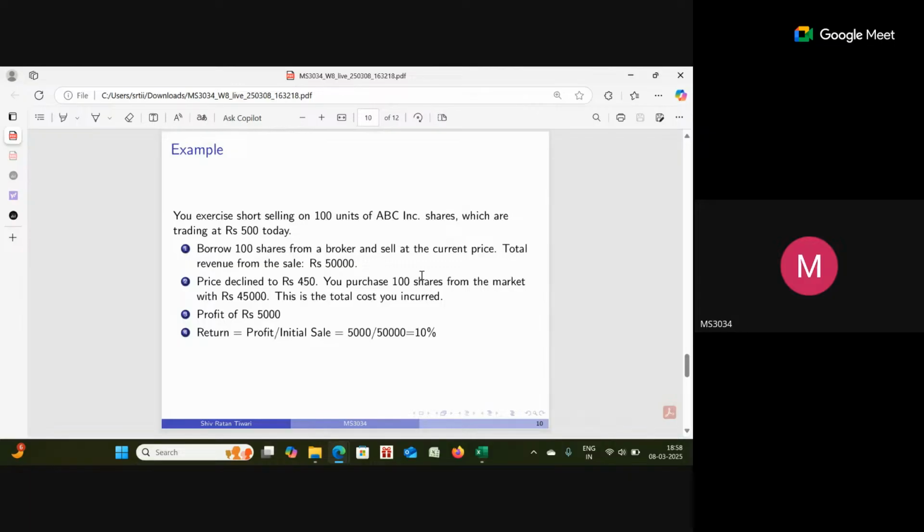This is the total cost incurred. The profit is the difference: you received 50,000, the cost to you is 45,000, so the difference is 5,000, and that is your profit. In this way, we calculate the returns or profit in the case of short selling.